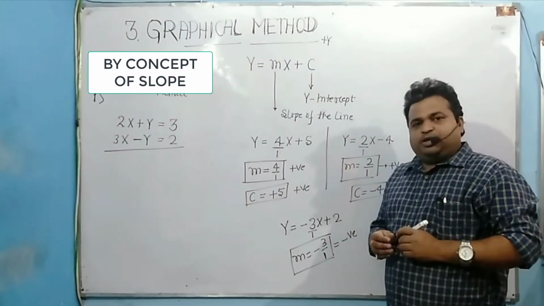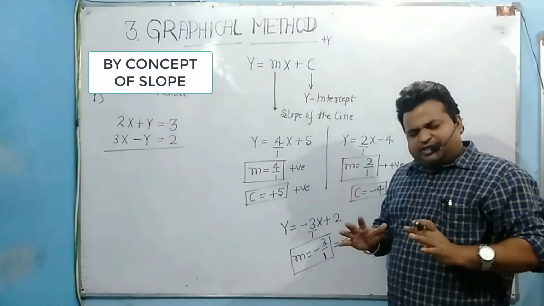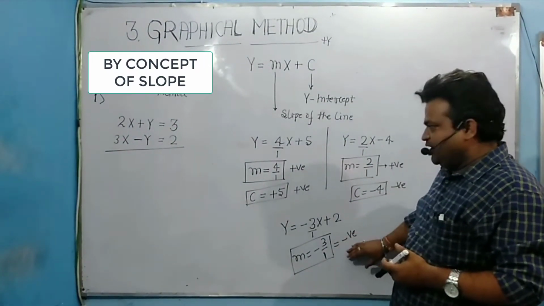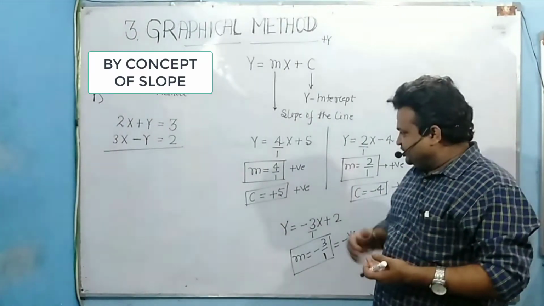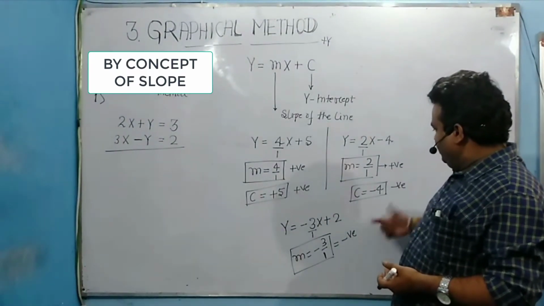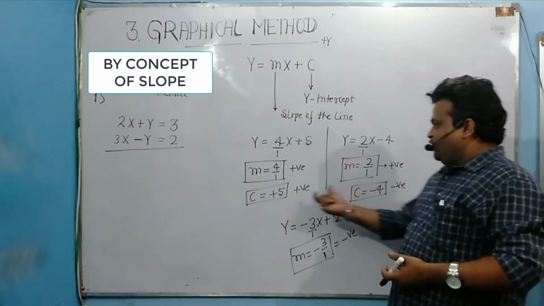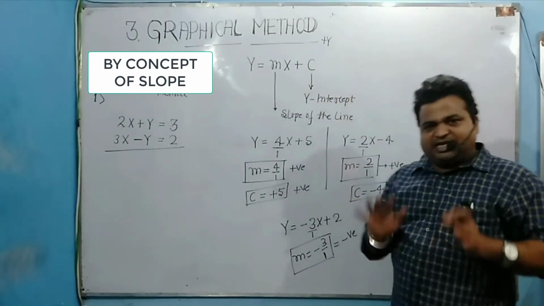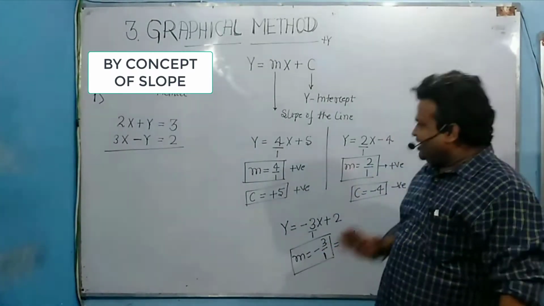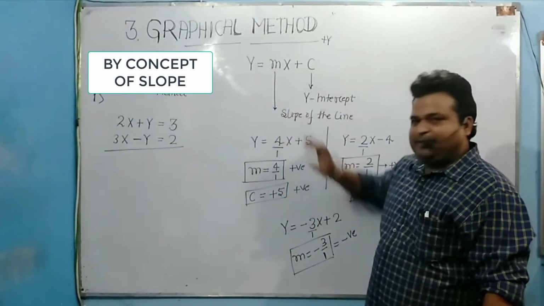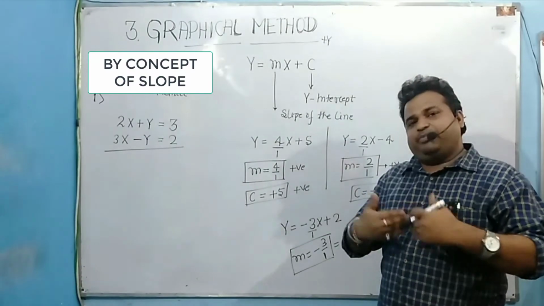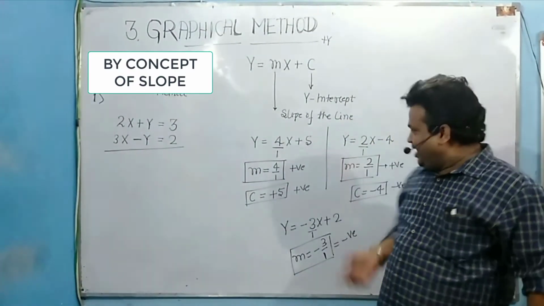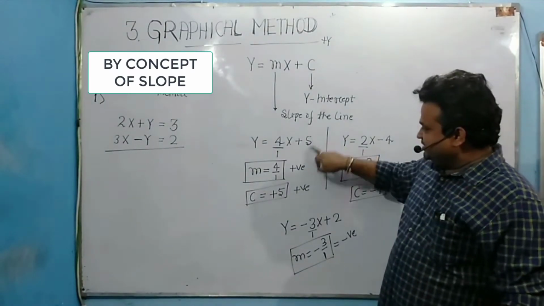Right now, in this particular section, I am just making clear what c is, what m is, where m is positive, where m is negative, where the c value is negative, where the c value is positive.